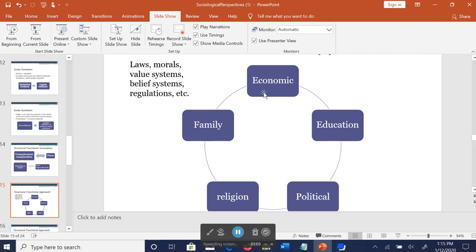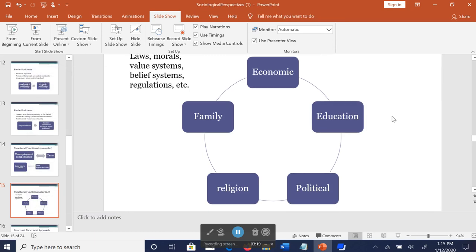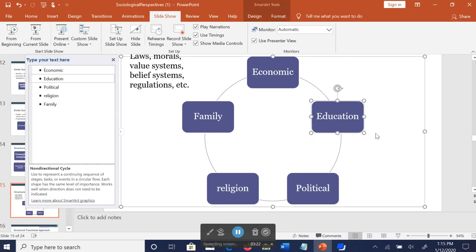These are all our economic system. And our education system, our school system, the college system, elementary school, kindergarten, they all fall under this category. And they have their own functions, which are different from the economic system.